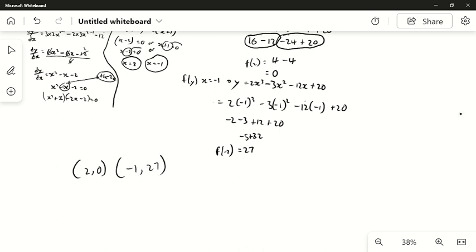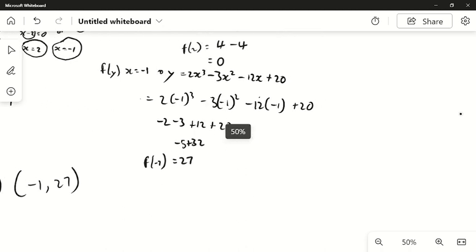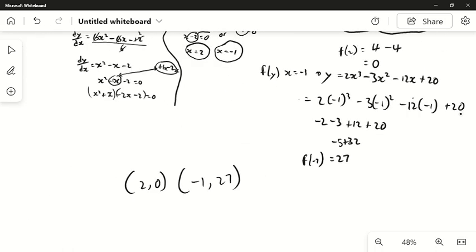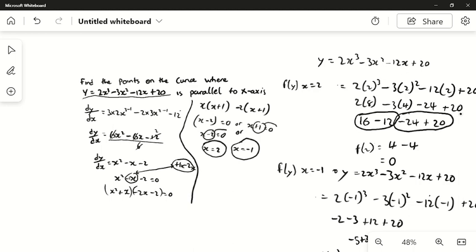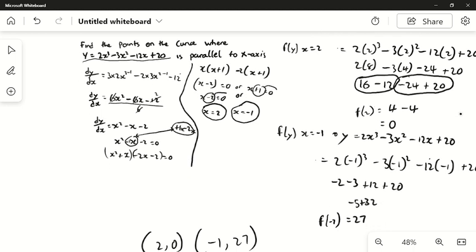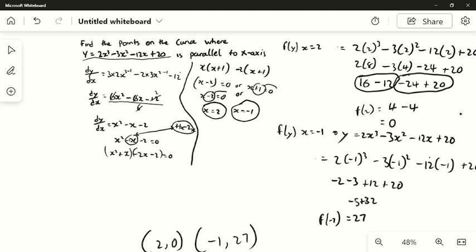So these are the coordinates of the points. These are the points where the curve is parallel to the x-axis. Going back, they say find the point on the curve where y is parallel to the x-axis. So these are the points.